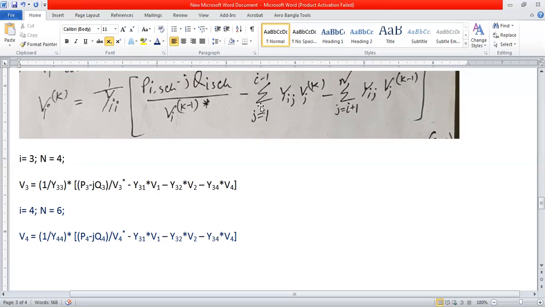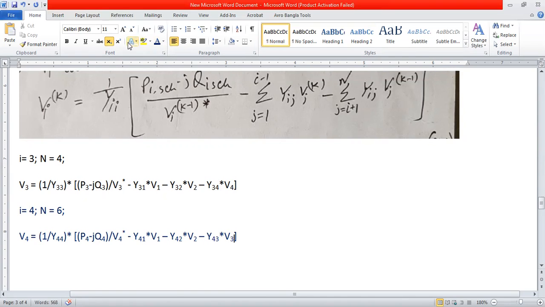So 1 to 3, so there will be 3 terms: Y41 into V1, minus Y42 into V2, minus Y43 into V3.